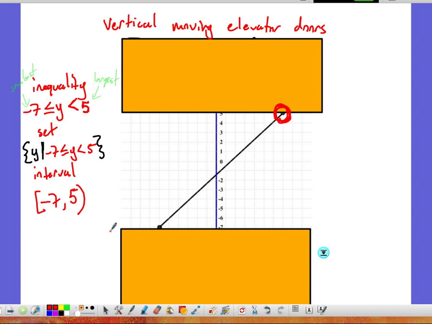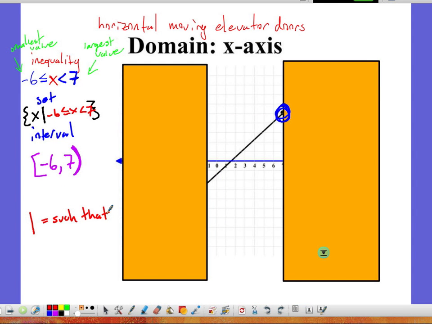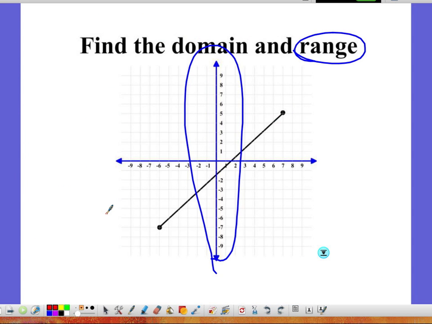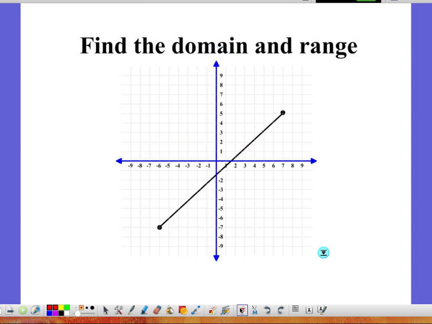And that's it. That is the inequality, set, and interval notation for this function. There we go. We found the domain and range.